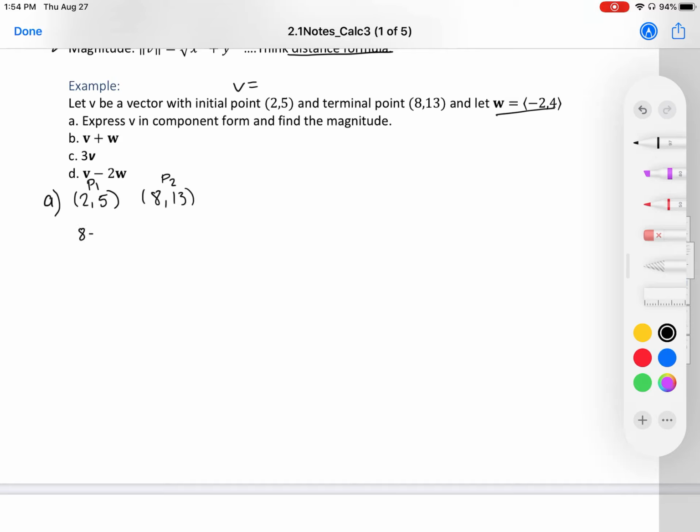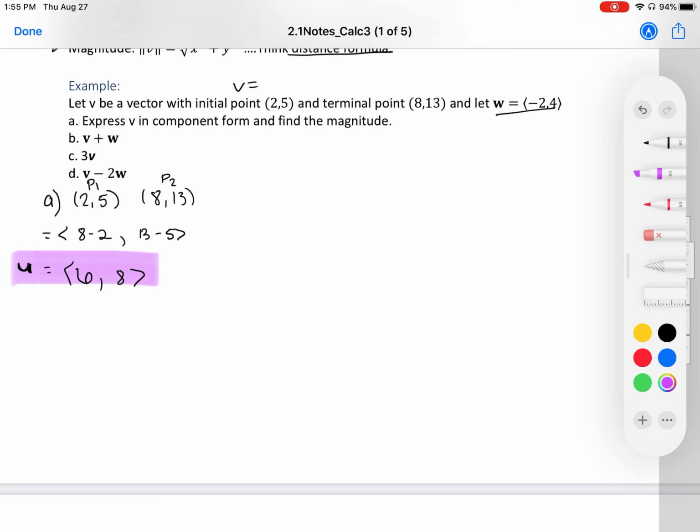So we have 8 minus 2 and 13 minus 5. This tells us our vector, boldface v, is 8 minus 2, which is 6, and 13 minus 5, 8. This is our new vector in component form.